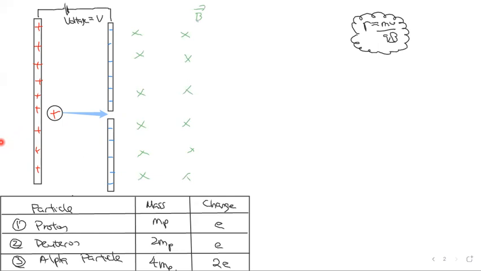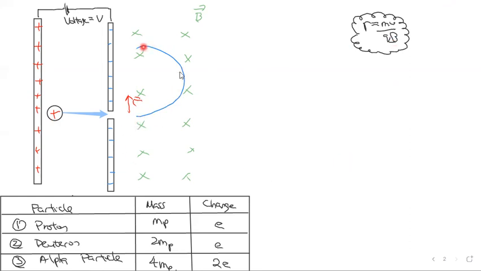Because it's positive, it will experience a force and undergo some sort of circular arc, as we described. This circular arc will have a radius described by r equals mv over qB, as we discussed. Now they're all positive, so they'll all kind of go that way.